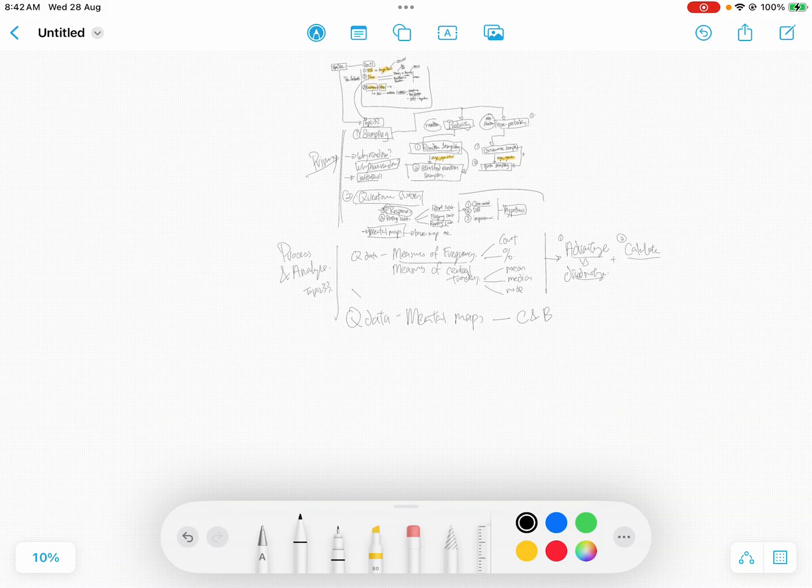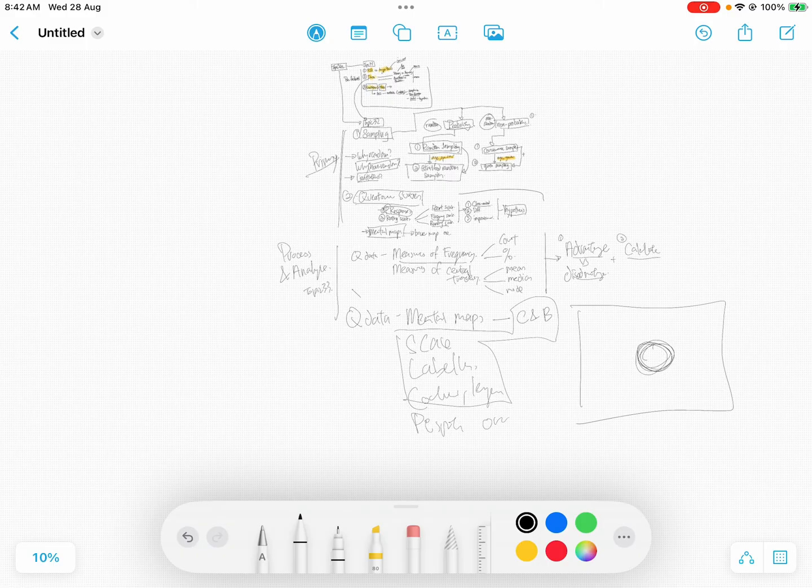Usually in a base map, whatever is in the center is usually the center of attention, right? And why is that so? And then you have the scale of the map, the labeling, the colors and legends. These are parts of the map that you will need to analyze. Perspective and orientation and other features. Please go and read up on this.